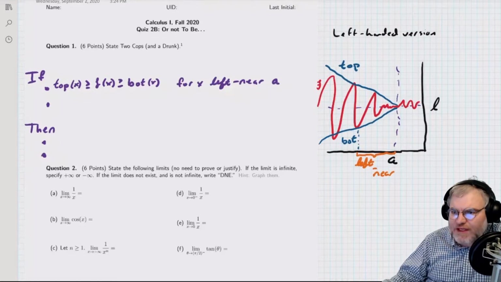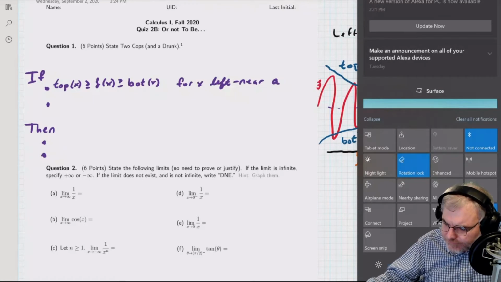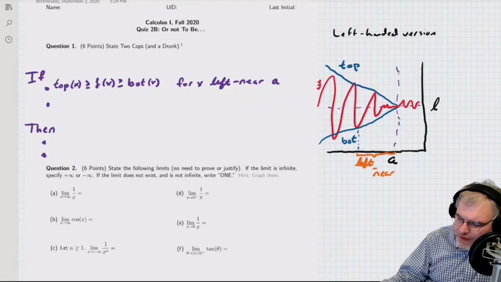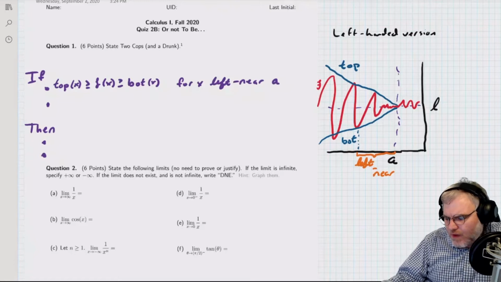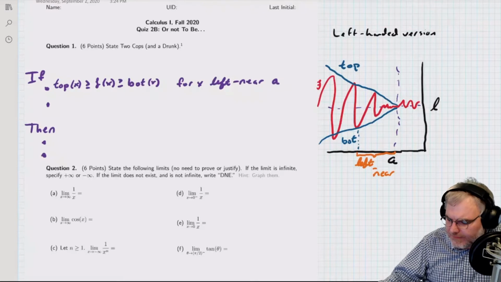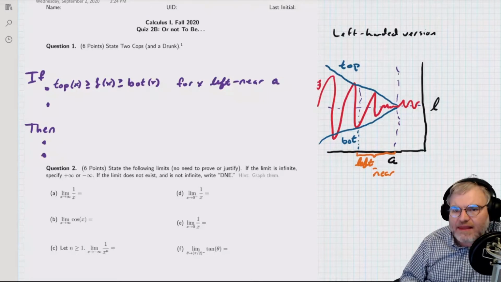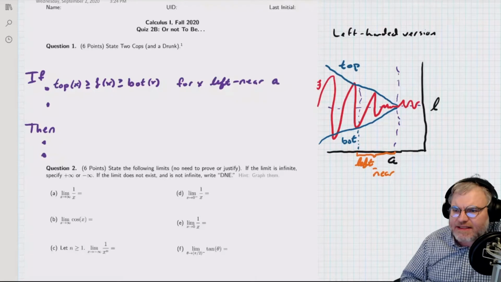That was the interpretation of this. I've got this zone here, left near a, where top is bigger than f, which is bigger than bot. And the other condition is that everybody's heading the same place.